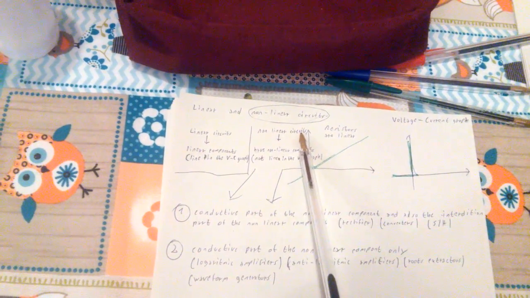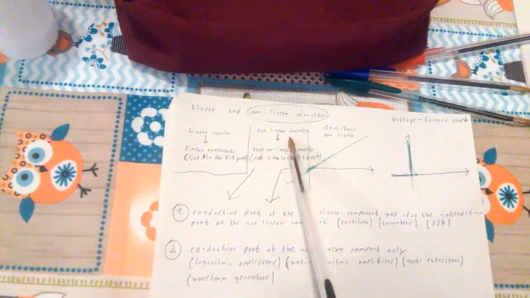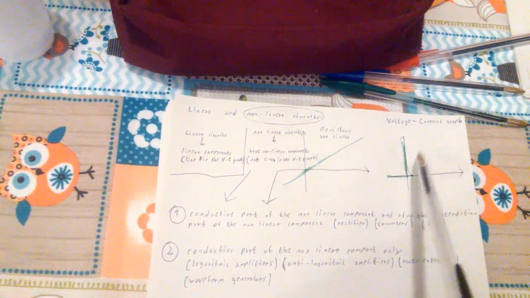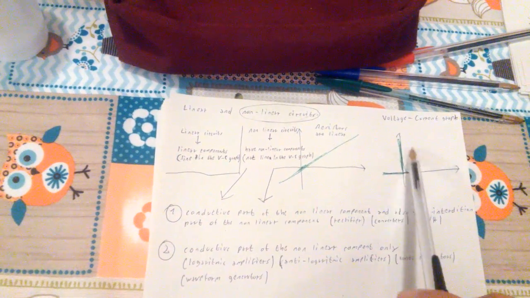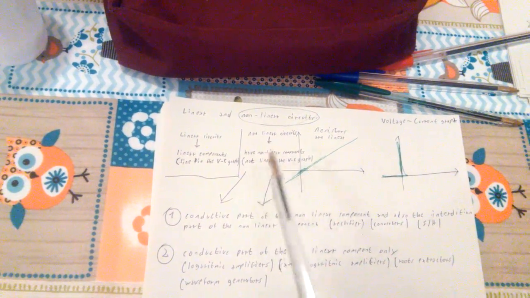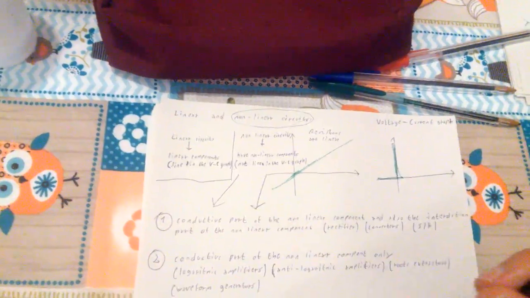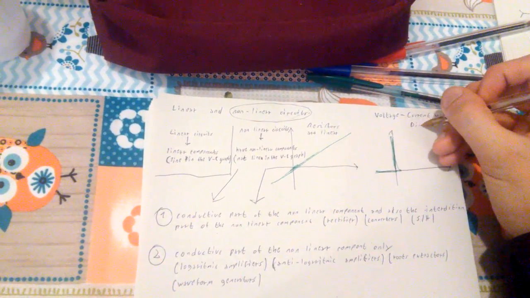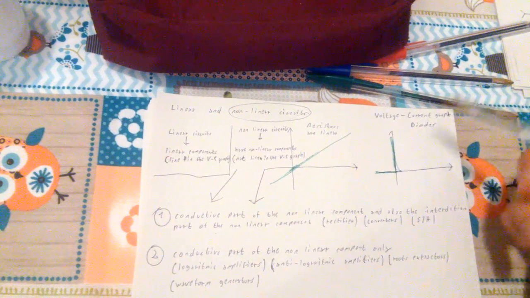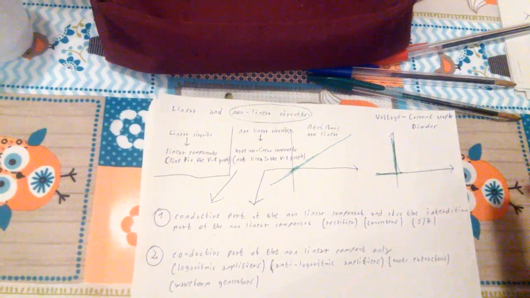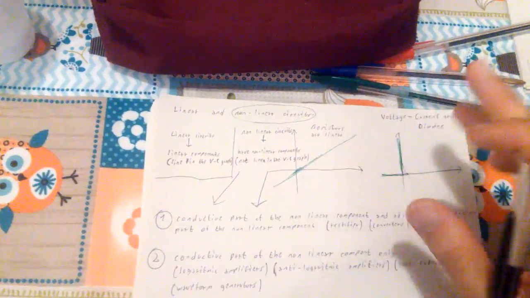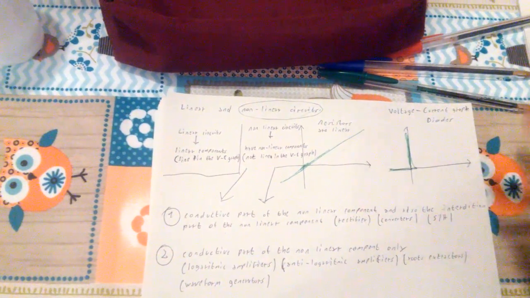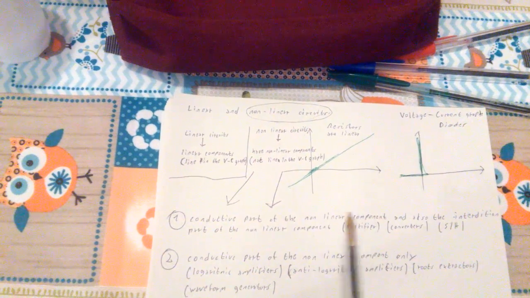While nonlinear circuits are those that have nonlinear components, so those that don't have a straight line in the voltage-current graph, like, for instance, diodes or transistors, although I won't cover transistors here, and other components.